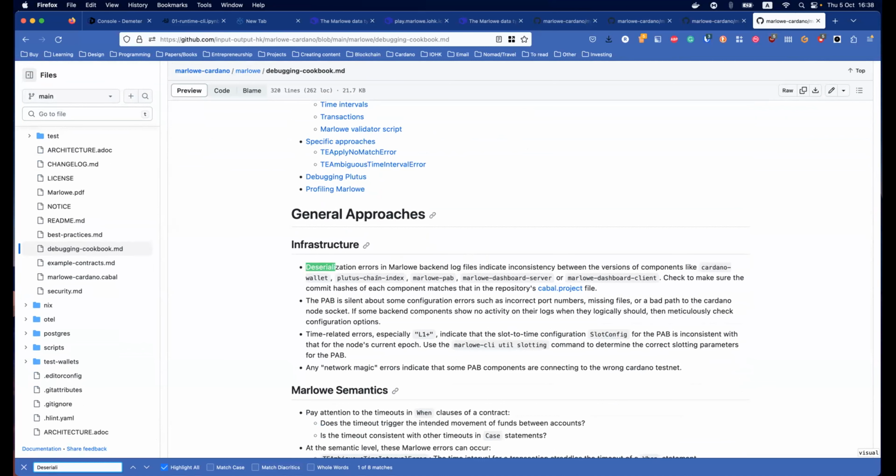I'm just Googling inside the Marlowe docs and it says that serialization errors in Marlowe may indicate inconsistency between versions. So are you also running the same Docker image? No. That's the issue. Okay.